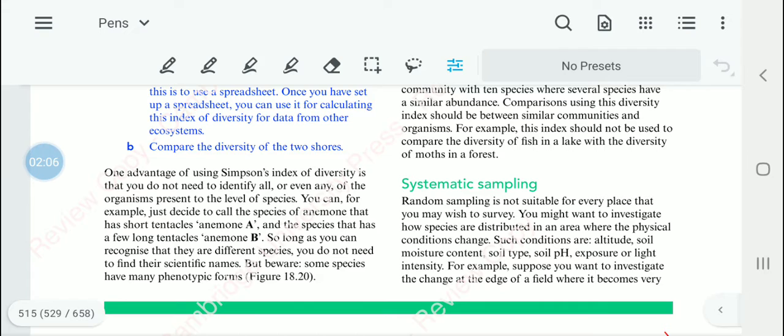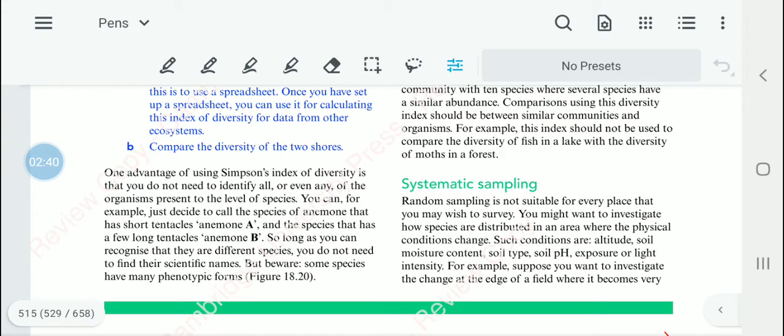Now we are going to move into systematic sampling. Random sampling is not suitable for all situations. Sometimes when physical conditions are changing, such as altitude, soil moisture content, pH, or exposure to light intensity, if we are considering changes in these situations, we might want to take selective sampling.